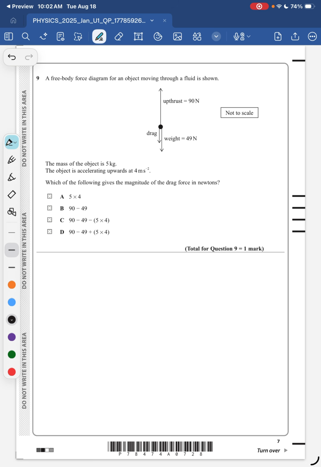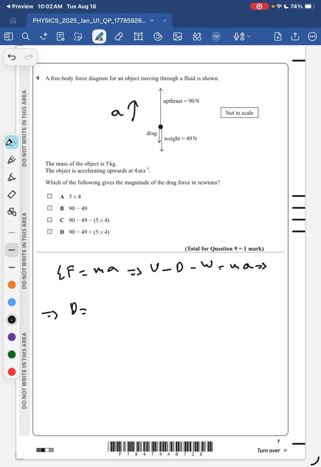So the motion is up, so upthrust is positive. We can use sum of all forces is ma, and a is again upwards. So upthrust is positive minus drag minus weight is equal to ma. We are interested in the drag, right?